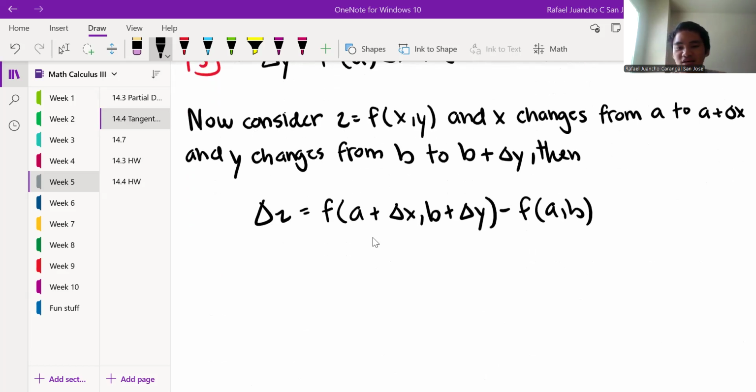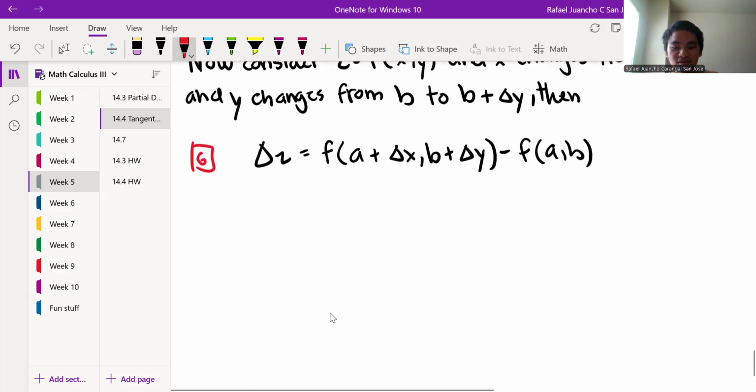And so the idea here is that z also changes when both our x and y values change. And so by analogy with our fifth definition, we can define its differentiability as follows. So let me just do that.